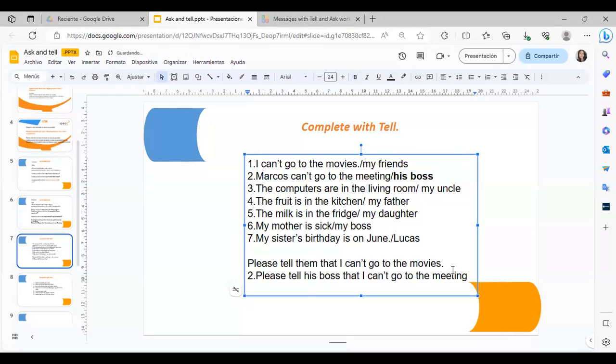In there, I'm sorry, Juan Carlos. Okay. In here, you have to use Marcos, right? Please tell his boss that Marcos can't. Sorry, you can use Marcos or I. So very good. Okay, thank you. Let's continue with number 3. Fermin, go ahead with number 3.